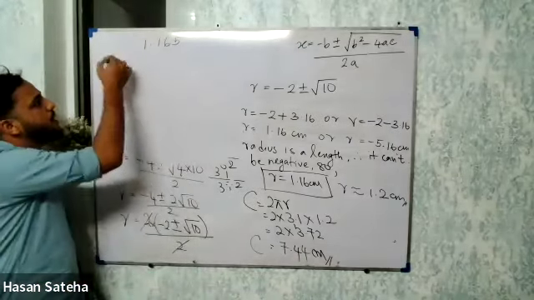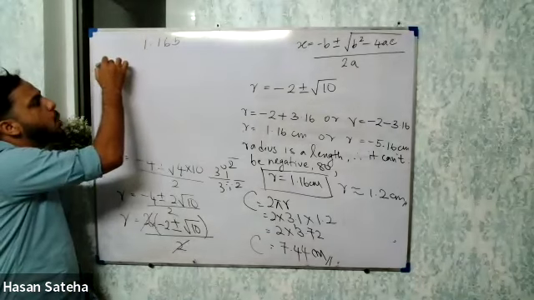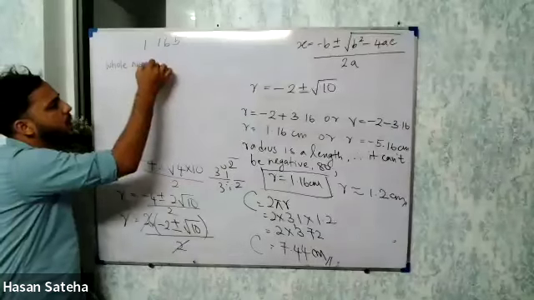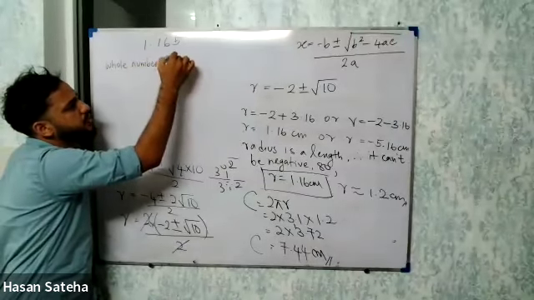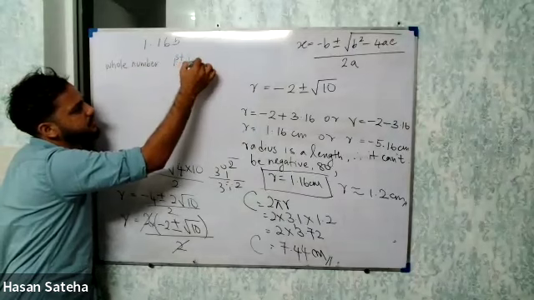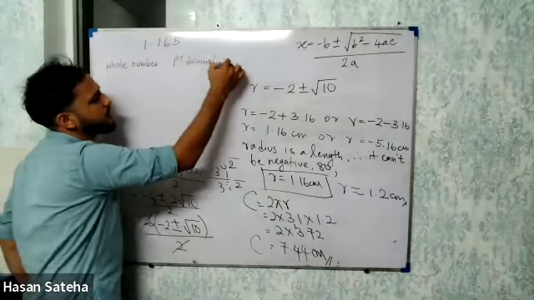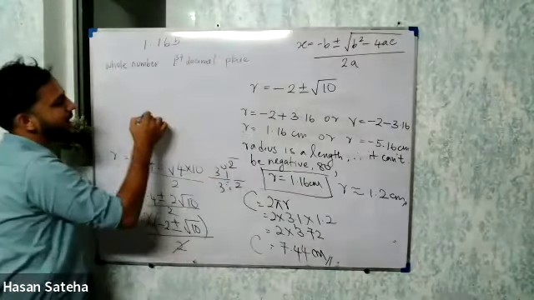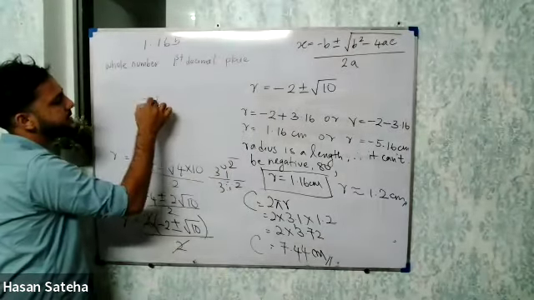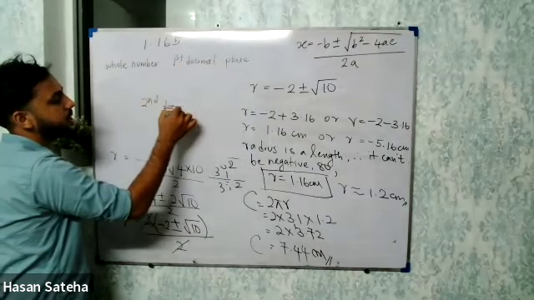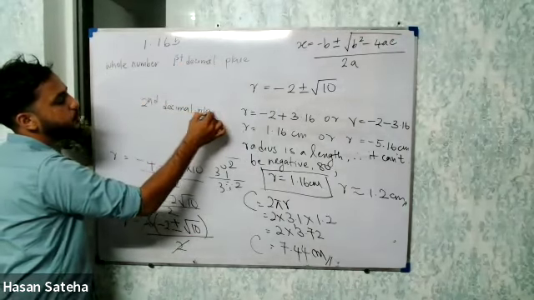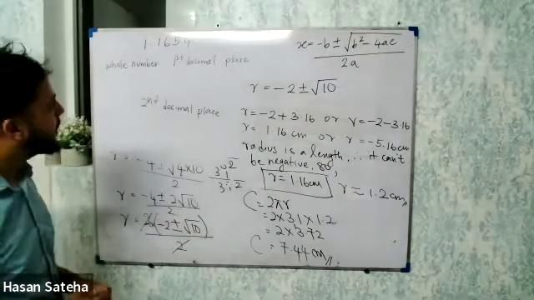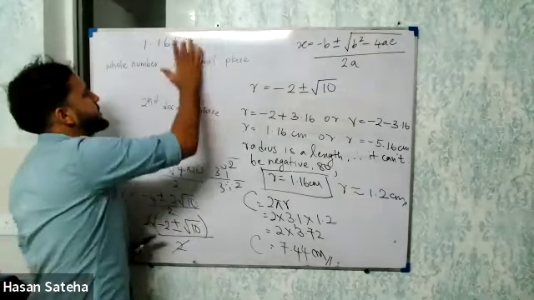Now you can round off to the nearest whole number or nearest first decimal place. Or rarely they ask you for the nearest second decimal place. These are the rounding off that you might require.